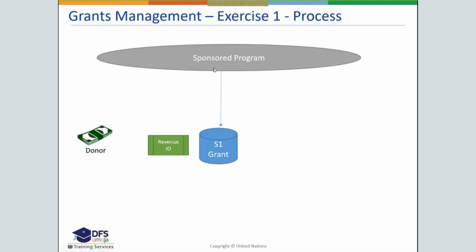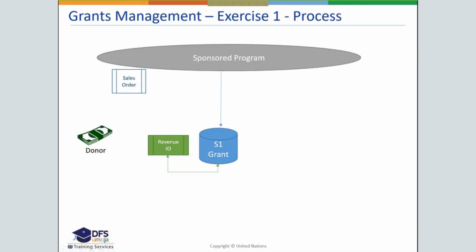We will create a revenue internal order that will be linked to the grant as well. In the grant, we will have a reference to the internal order, and in the internal order, we will have a reference to the grant. Once we link these two objects, the Umoja system will automatically generate a sales order.